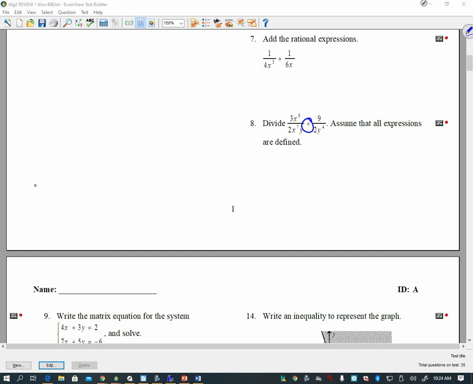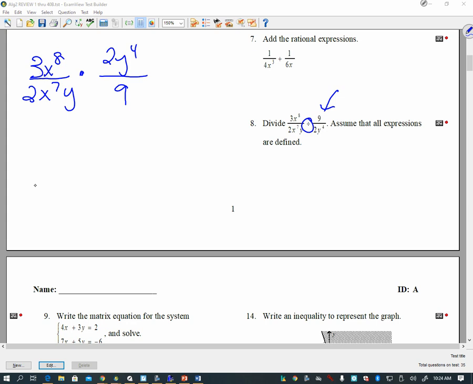The first one or the second one? The second one. That's what needs to be a reciprocal. So I've got 3x to the 8th over 2x to the 7th y times what? Over 9. All right, and now we're just multiplying, correct?